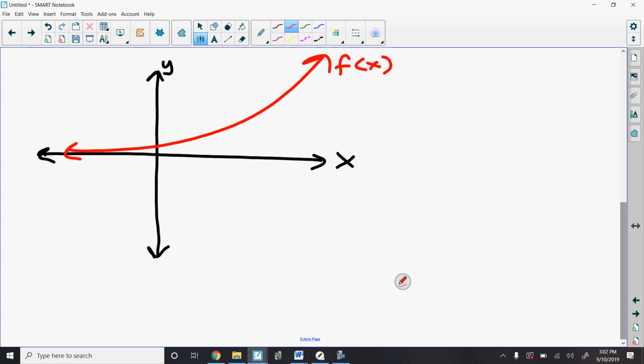What I want to do is figure out the slope of the tangent line for some point that I'm just going to call x. Okay, so I'm going to place x right here.